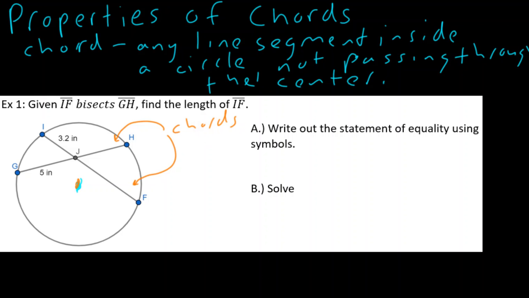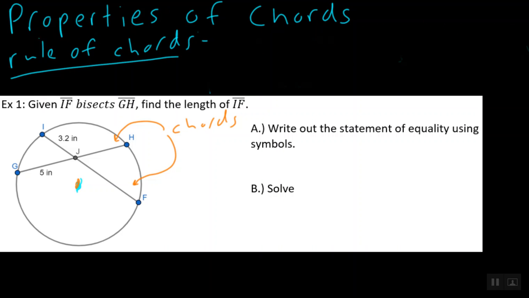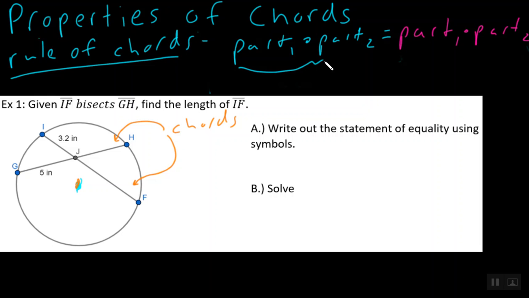for two chords. Okay, here's going to be our rule of chords. Part 1 times part 2 is equal to part 1 times part 2. Now notice I did this in different colors because I want to really illustrate something.